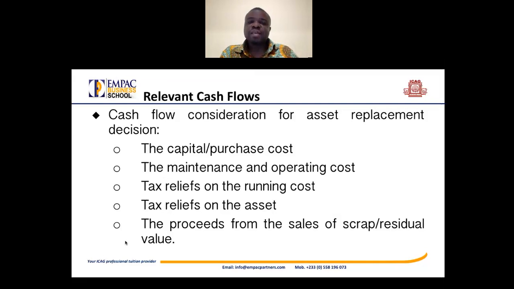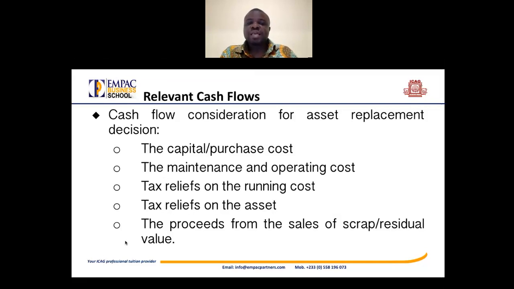Then we also look at the maintenance and operating cost. As you use the asset, you would incur a maintenance or service cost, as every now and then you have to subject the asset to servicing and maintenance, and that will come with a cost. Therefore, you have to consider this in the replacement decision.